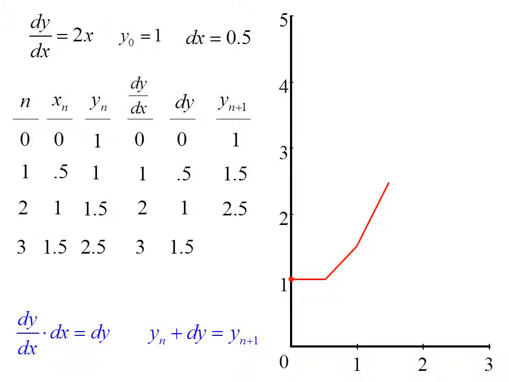We'll do this one more time. So after 4 iterations, we're at 2, 4. Notice that the x value just increases by the value of dx each time, which in this case is 0.5.